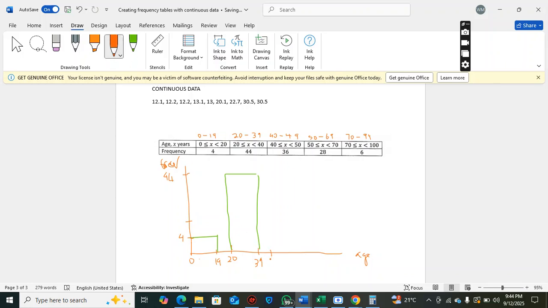The next one is from 40 to 49. Frequency is 36, so let's say maybe 36 is somewhere here.